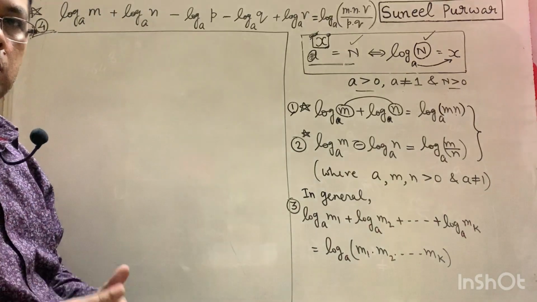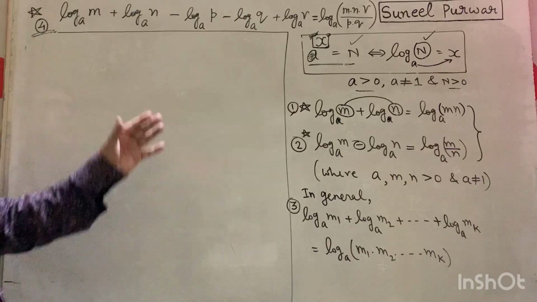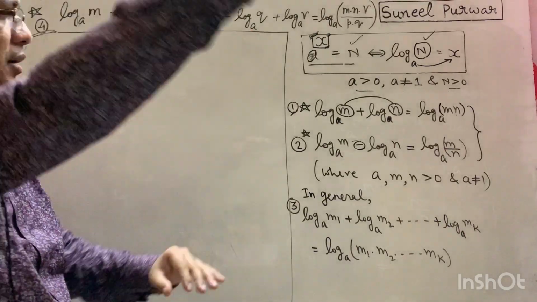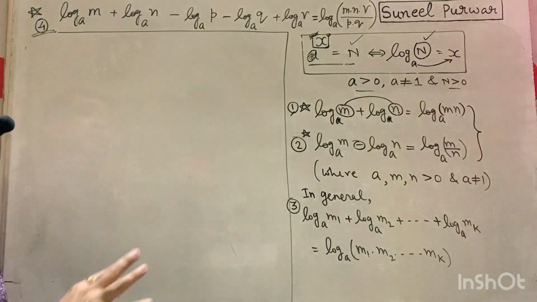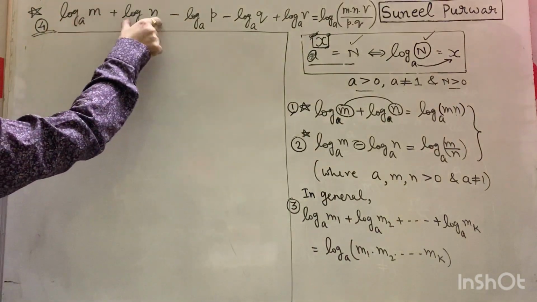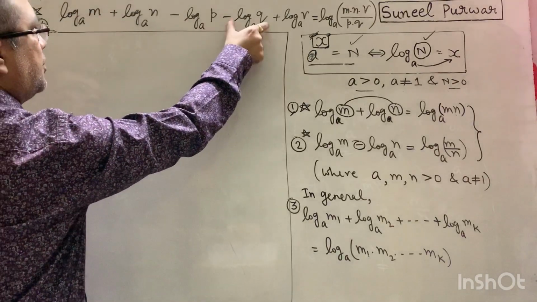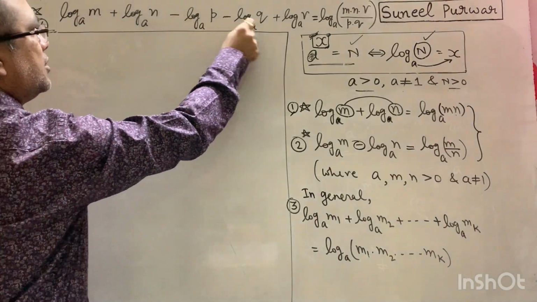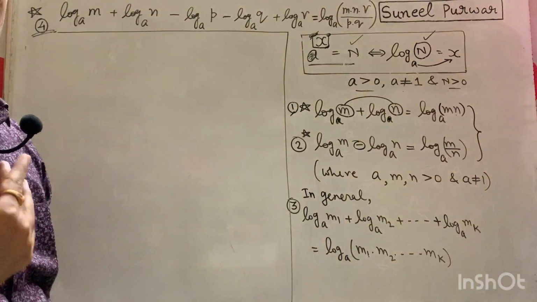Now let's continue to build upon it. Look at this one. This is very important to understand. Here I have mixed up both 1 and 2. So here some logarithms are added, they are preceded by a plus sign, and some logarithms are subtracted, they are preceded by a minus sign. So what will be the final log value on simplification?